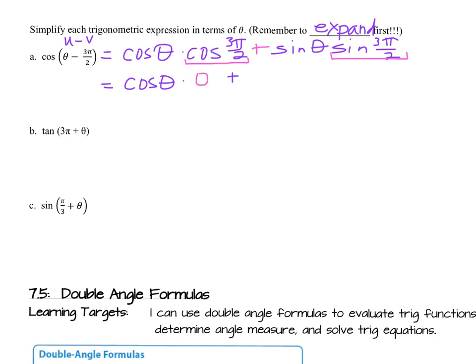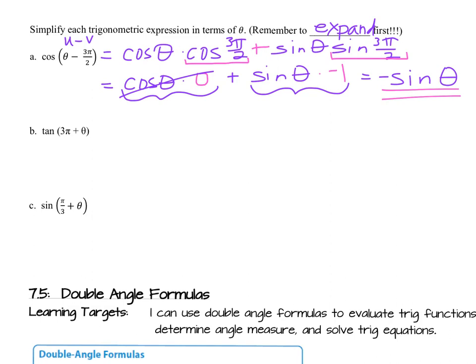And then if we do the same thing for sine, sine theta, down at the bottom on the unit circle at 3 pi over 2, sine equals negative 1. Now cosine theta times 0 just cancels out. And sine theta times negative 1 just equals negative sine theta. And since we don't know what theta equals, that's the final answer, negative sine theta. So expanding the definition, keeping theta in our work. Let's try the next one.